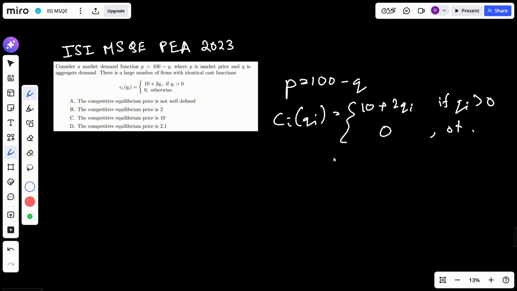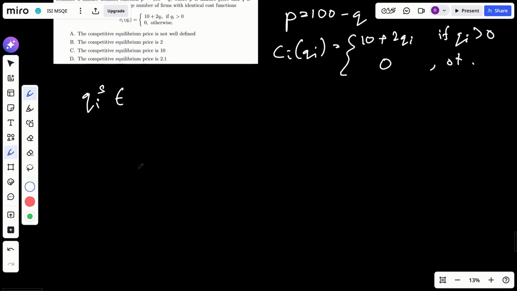So I need to find out the competitive equilibrium price. What I need to start with is to find out the supply function of each individual firm. To find that, I will maximize the profit. I will solve the profit maximization problem, which is P times QI minus cost, and QI is our choice variable.